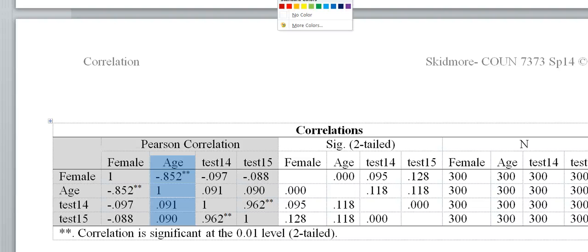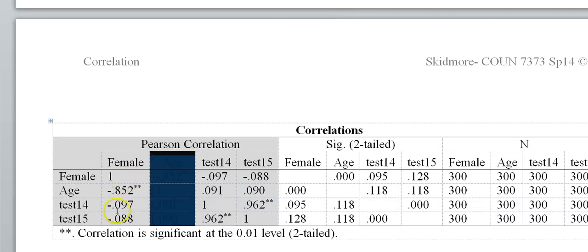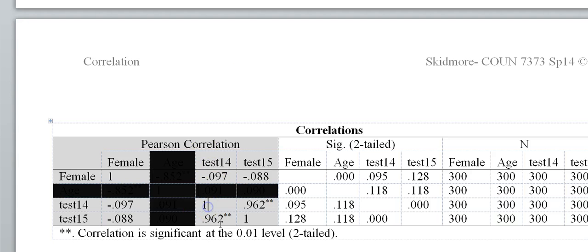If I was presenting this in APA, obviously I would actually take it out, but just for our purposes now, because I'm not going to consider age as normally distributed, I'm going to work with just test 14 and test 15 as Pearson R, and gender with 15 and 14 as point biserial.